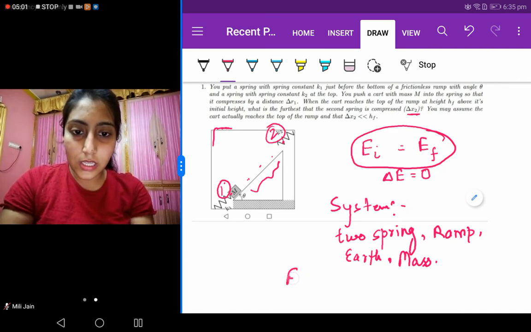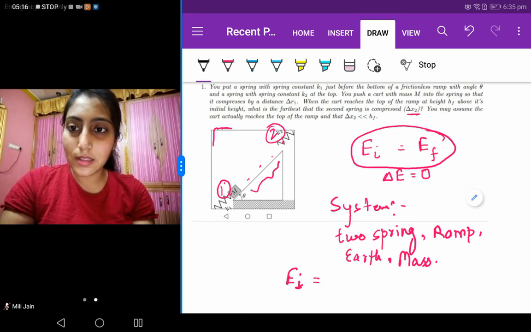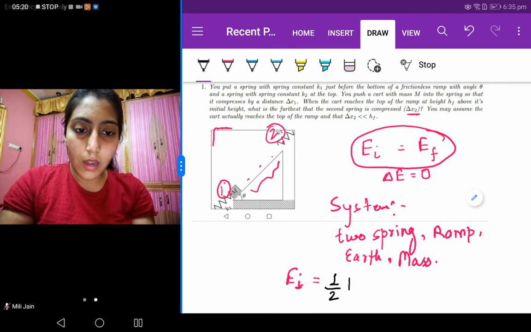My initial energy, E1, is just the spring potential energy. Since it is a problem solving class, I'm assuming that you know the formulas. The spring potential energy is given by 1/2 times the spring constant times the compression delta x1 squared.